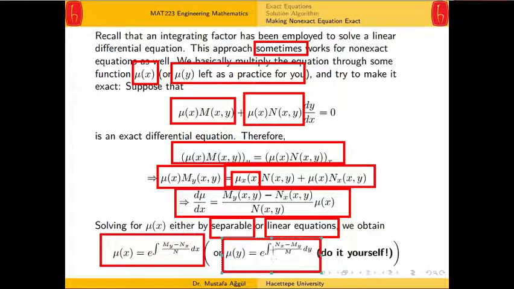Find the integrating factor with respect to y. In this case it was the y derivative of M minus the x derivative of N. This time we have the x derivative of N minus the y derivative of M, and we have N in the denominator, and here we have M. These are our two integration factors.